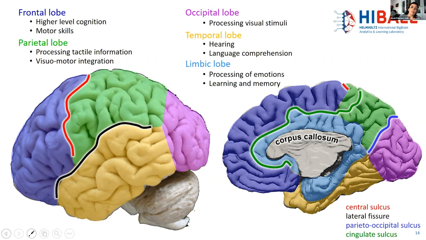And the frontal lobe, when we talk about higher level cognition, it's the part of the brain that enables us to predict the consequences of our actions. It enables us to suppress, for example, socially inappropriate behavior.